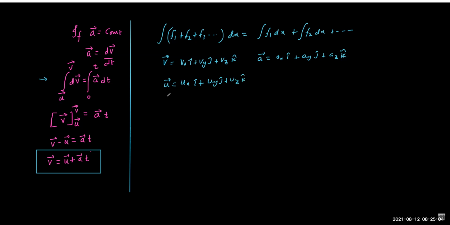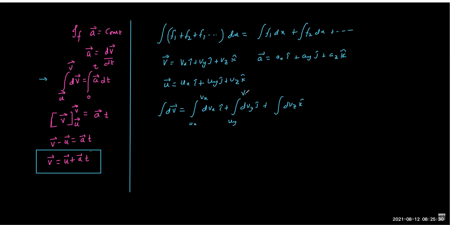So let's say if I write everything in vector form, then I have to integrate three terms. So the integration of dv actually becomes the integration of dvx i cap, then I can break it down into dvy j cap, and then dvz k cap. And now the numbers we can integrate from ux to vx, uy to vy.